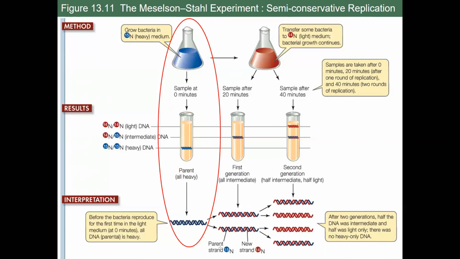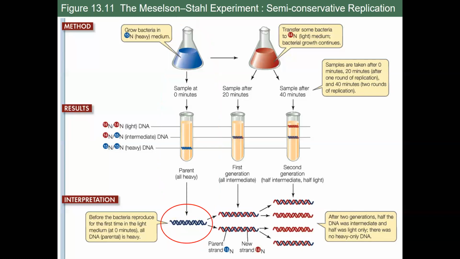Down at the bottom of the graph, you'll see a drawing of a double-stranded DNA where both strands are built with nitrogen-15, in blue. What they did next was take all of the bacteria labeled with only heavy nitrogen-15 and grow them in a solution of lighter nitrogen-14.